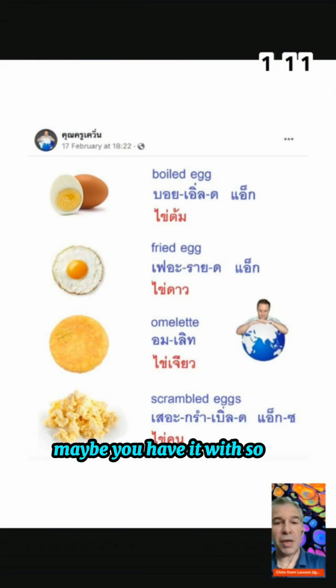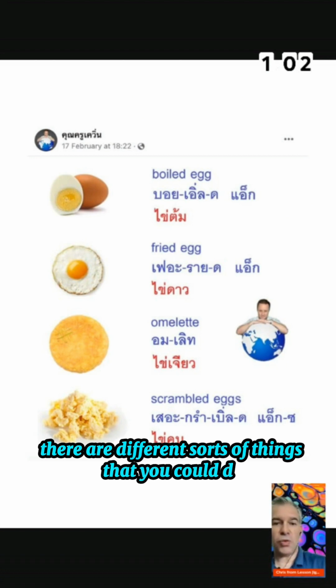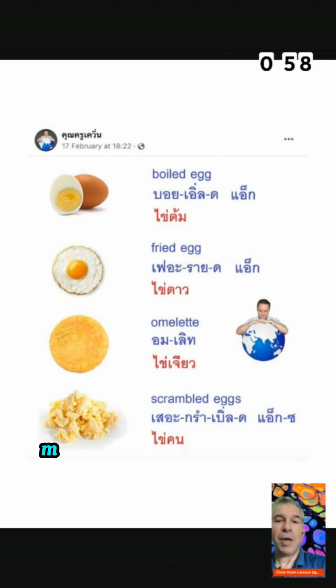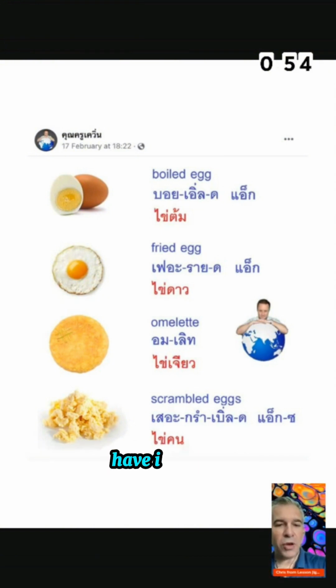Maybe you have it with some other types of food as well. Maybe there are different sorts of things that you could do with this particular egg. Maybe you want to have it eat in, maybe you want to take away, maybe you prefer to have it yourself. So the idea is to think about different ways that you can use this to tell a story.